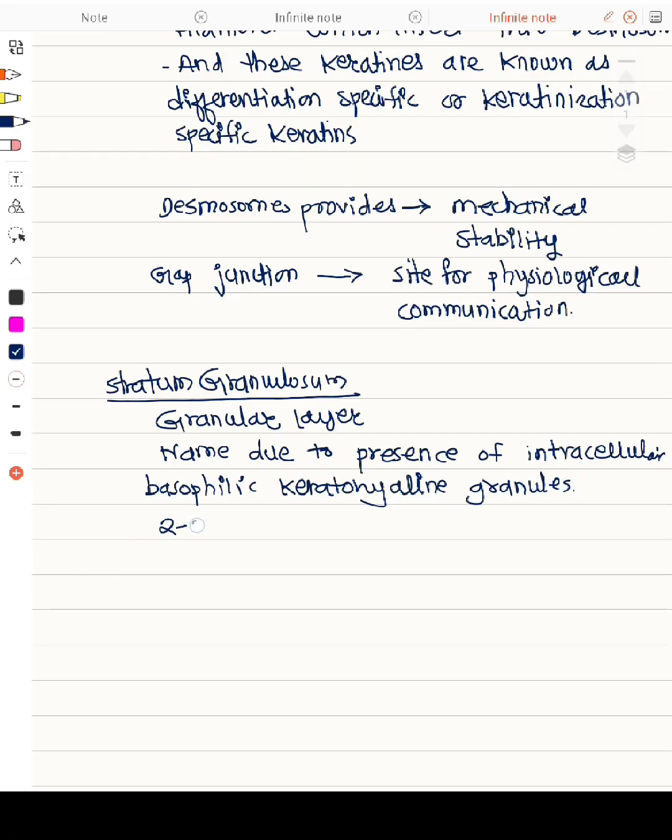This is a 2 to 5 cell thick layer, and contains Odland bodies or membrane coating granules.